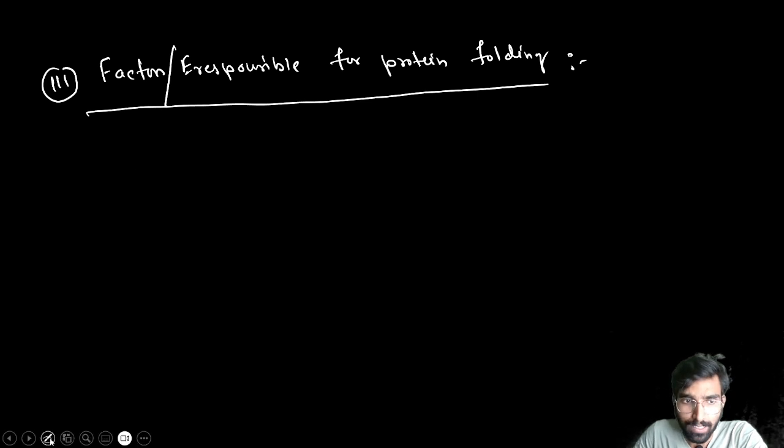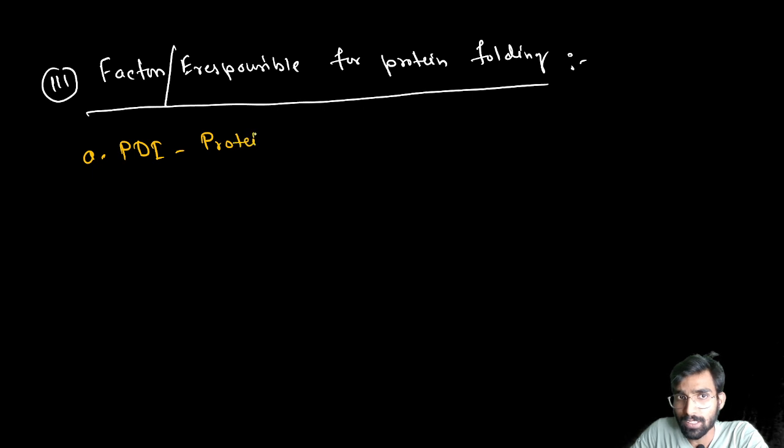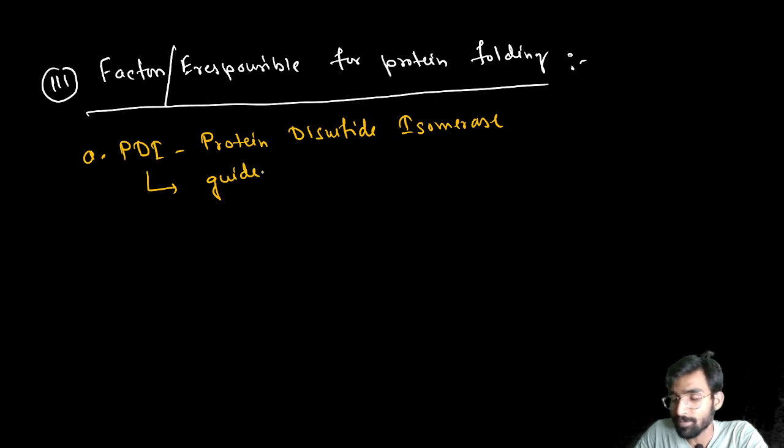First thing we will write: protein disulfide isomerase, PDI. What it does: it guides disulfide bond formation.